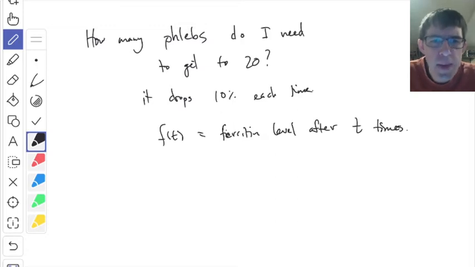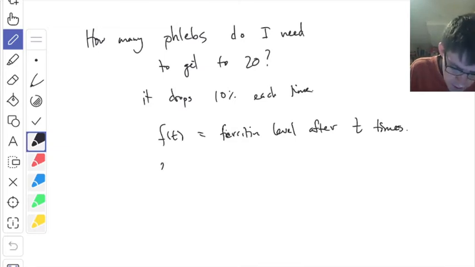I actually did this math, because I asked the doctor how often we need to do this, and a doctor doesn't really have to do this math. They just do it a bunch of times, and every time we do it, we check your level, and we just do it until you are at the healthy level. But I was interested in trying to predict this.